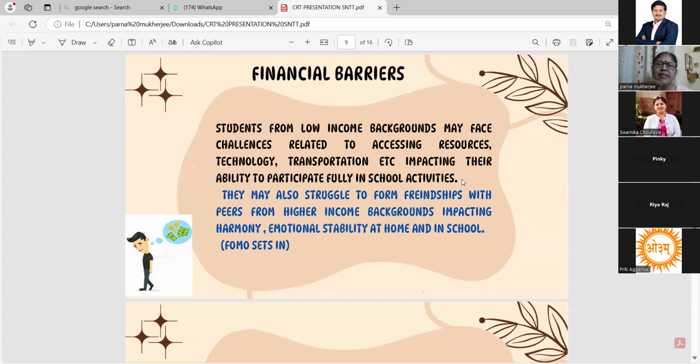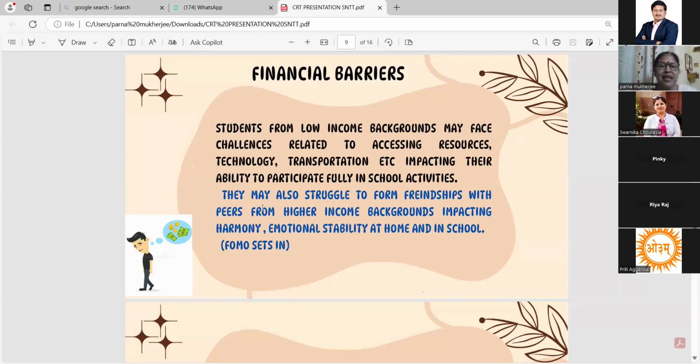And this financial difference, bias, impacts them psychologically, emotionally. There are hundreds of examples given, and when I was going through these examples, it did bring out a realization in me as well.